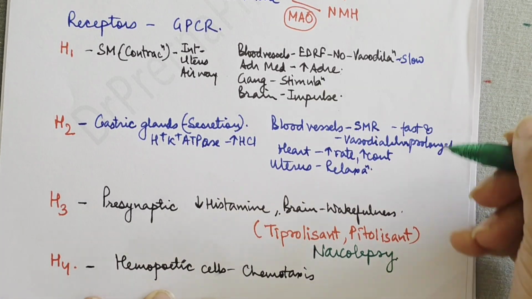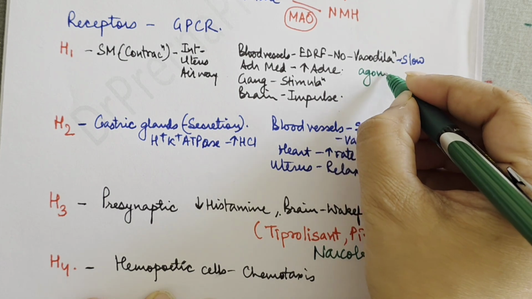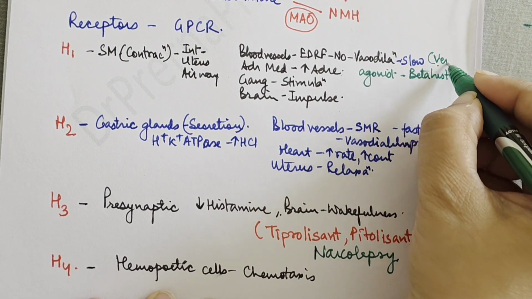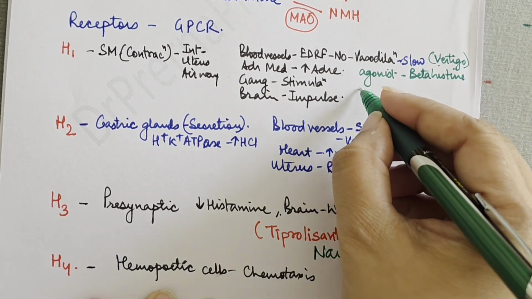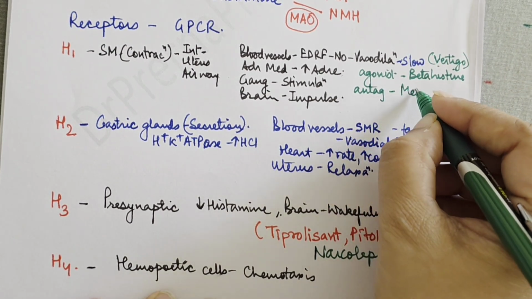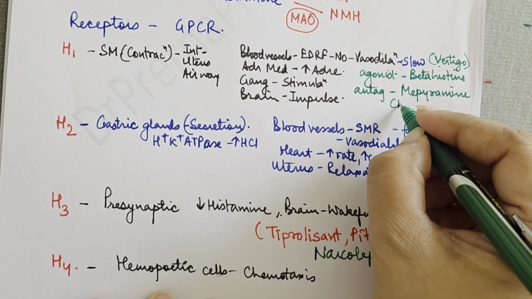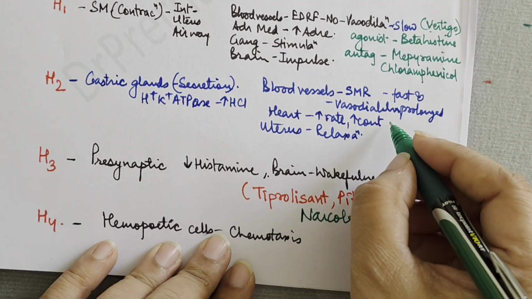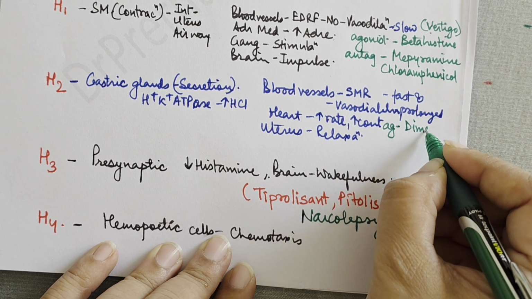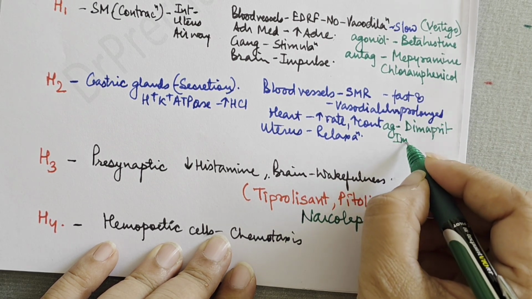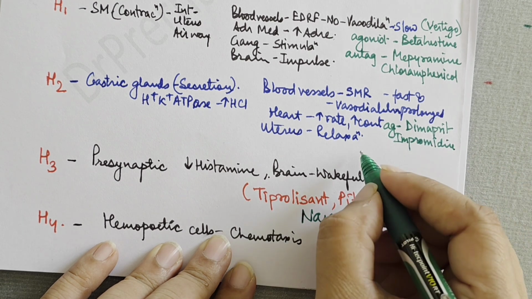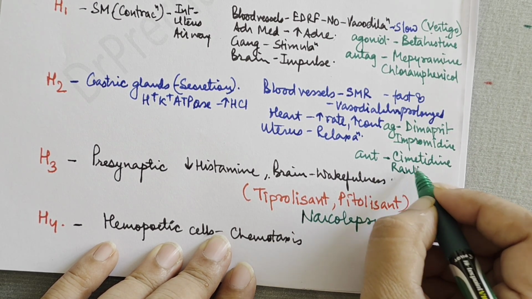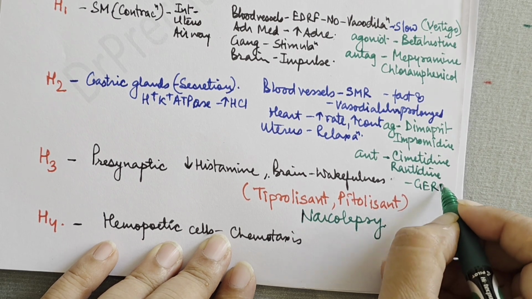इधर ही मैं आपको इनके एगोनिस्ट और एंटागोनिस्ट बताने की कोशिश करती हूँ. So agonist of H1 is betahistine and this betahistine is used in vertigo. ठीक है, एंटागोनिस्ट आते हैं मेपाइरामिन and chlorpheniramine. ठीक है, सिमिलरली H2 के एगोनिस्ट हैं डिमाप्रिट एंड इम्प्रोमिडीन एंड एंटागोनिस्ट हैं सिमेटिडीन एंड ranitidine, and these compounds we know that they are used in GERD, right?